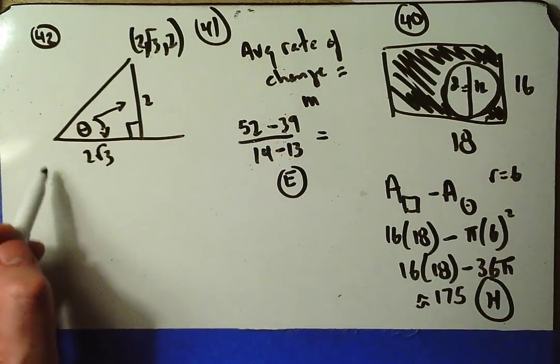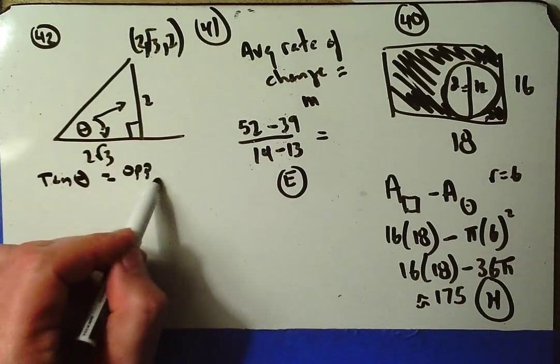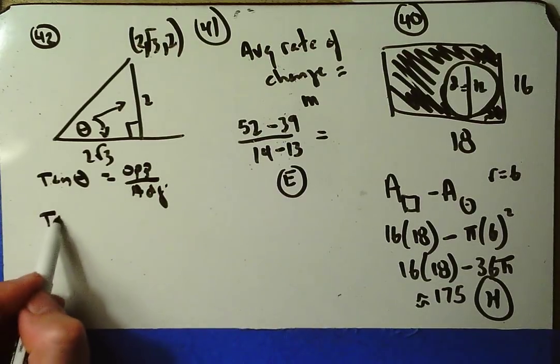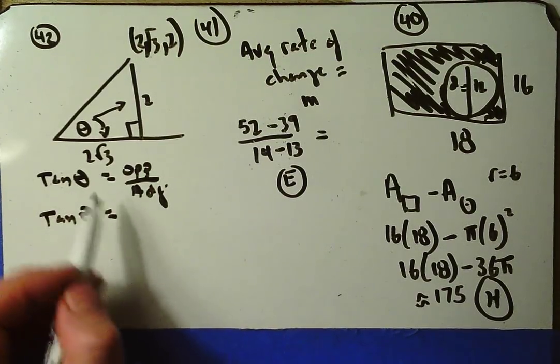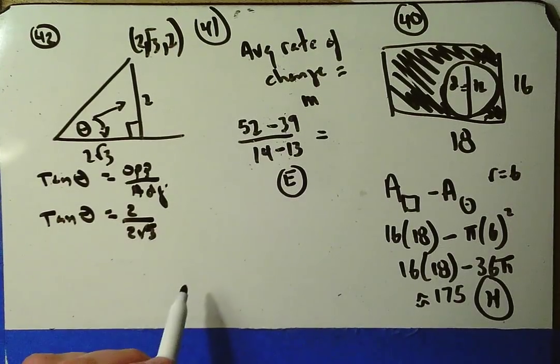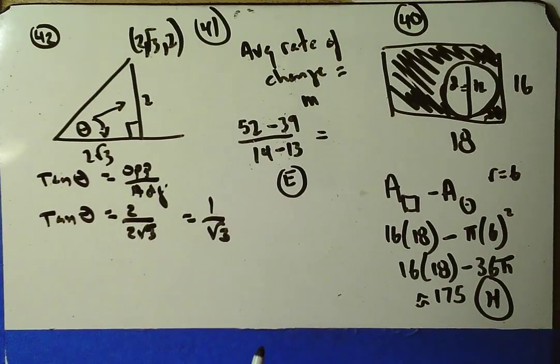That would be tangent. Tangent uses opposite over adjacent. And so in this problem, tangent theta equals 2 over 2 root 3, or 1 over root 3.